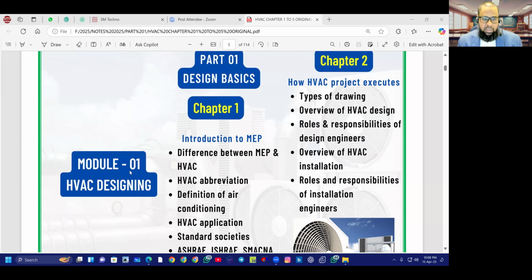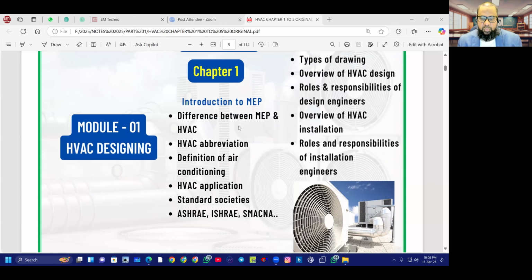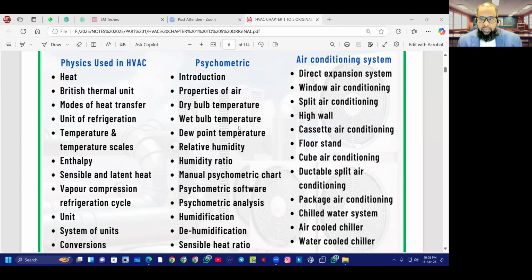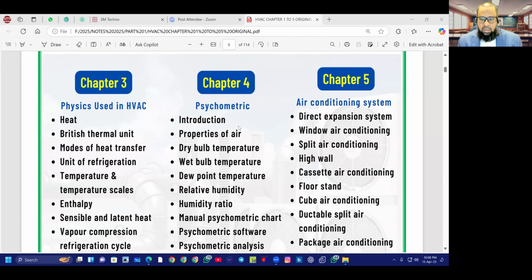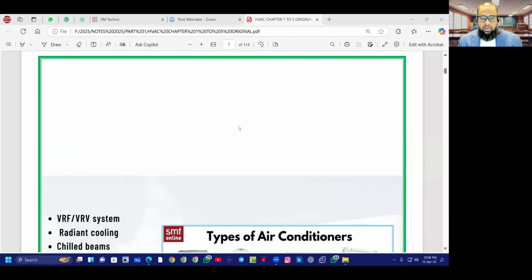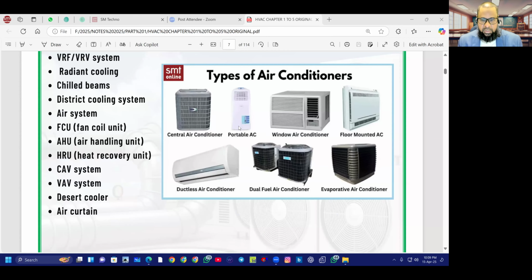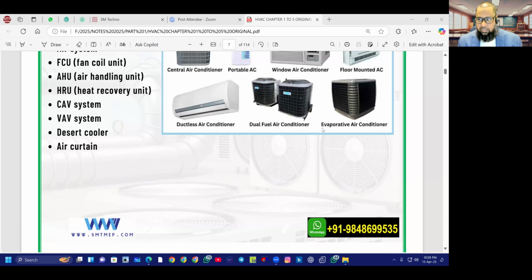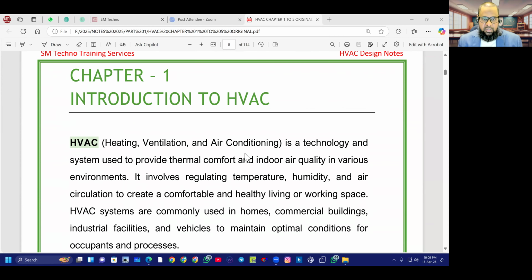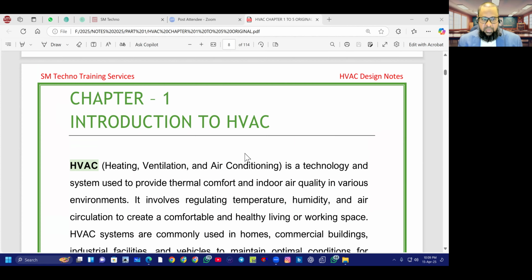Chapters 1, 2, 3, 4 and 5 all belong to part 1 of module 1. I believe the registered candidates already received these notes, and you can go through all the topics of chapters 1 to 5 after the class.